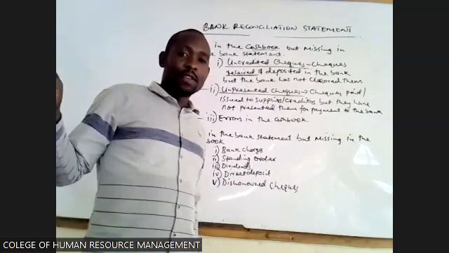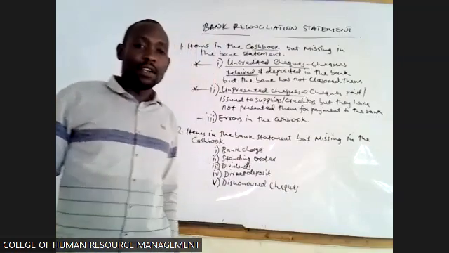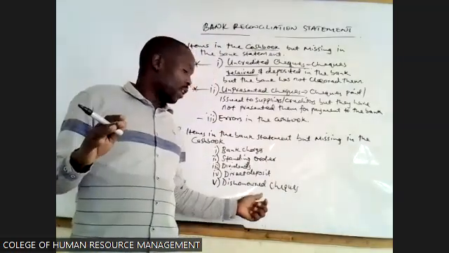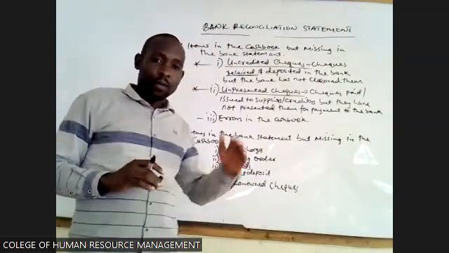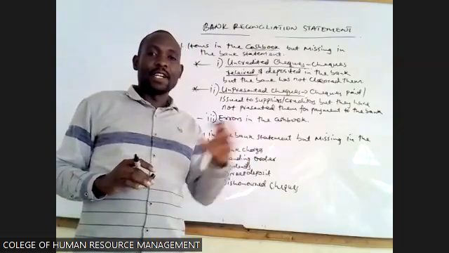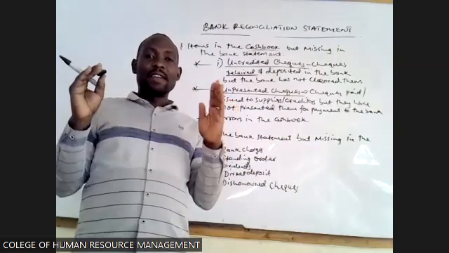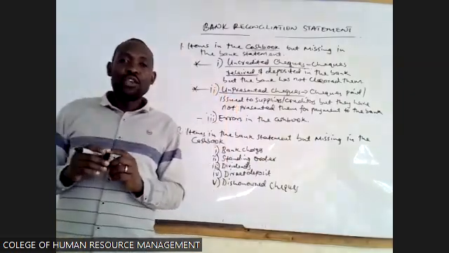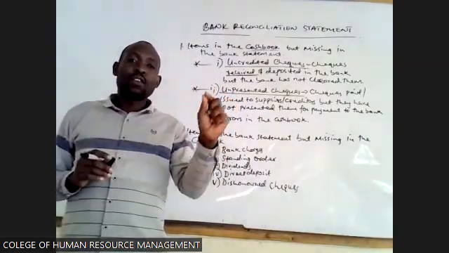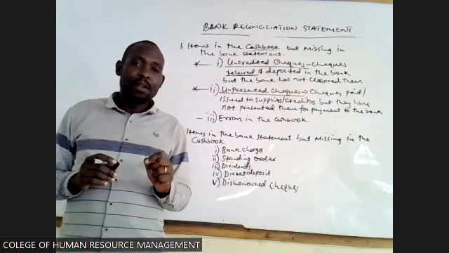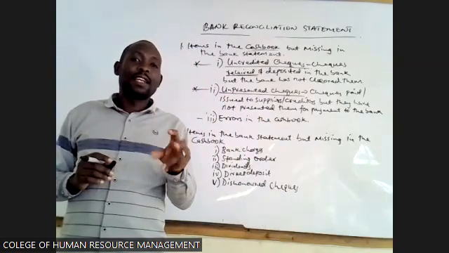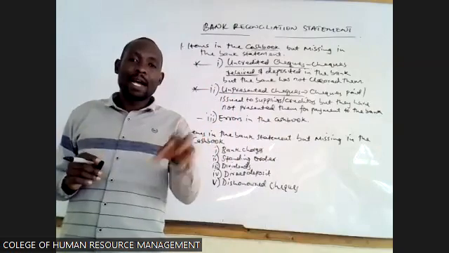Okay, maybe it is as a result of a fluctuation in the internet, but I was talking about the dishonored check, which is a check that has been rejected by the bank. But at the back of your mind, anytime a check is dishonored, you need to remember it was first of all received. Because a dishonored check is a check that we have deposited, but the bank has rejected.